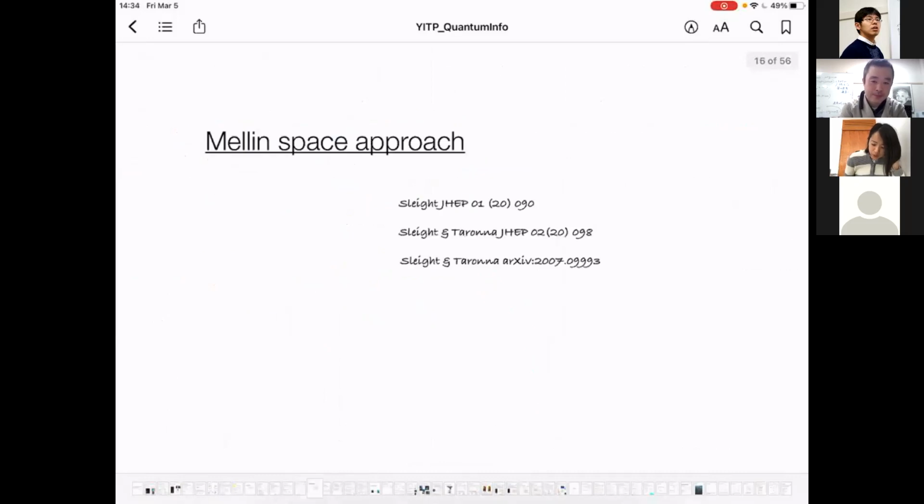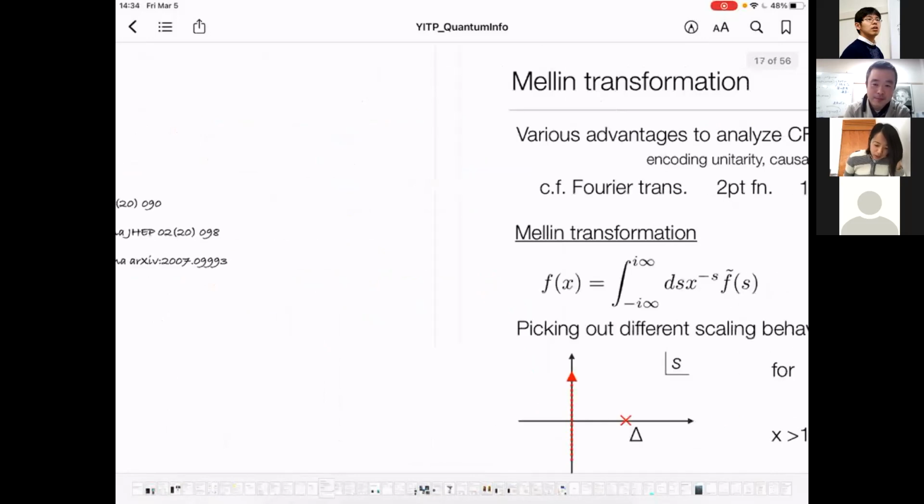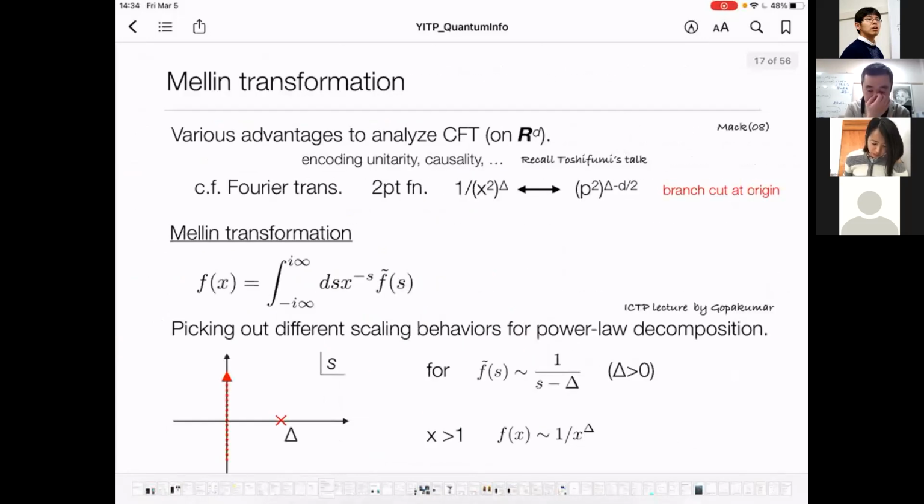Another similar approach, also inspired by AdS/CFT, is the Mellin space approach. You may be familiar with it, but the Mellin transformation has various advantages for analyzing conformal field theory in flat space. When you are considering a gapped theory, the momentum representation has advantages to encode physical properties like unitarity or causality, as was nicely explained by Toshifumi Noumi.